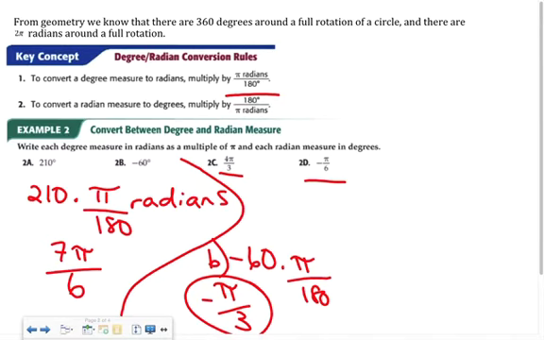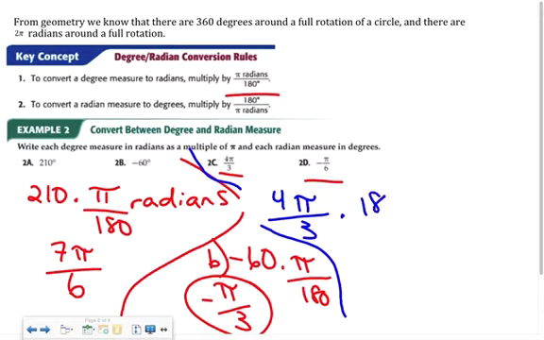In parts C and D, we're going in the opposite direction. So we do 4 pi over 3 times, this time, 180 over pi. You'll start to notice that the pi's usually, very conveniently, cancel each other out. In your calculator, you're doing 4 times 180 divided by 3, and that's 240 degrees.